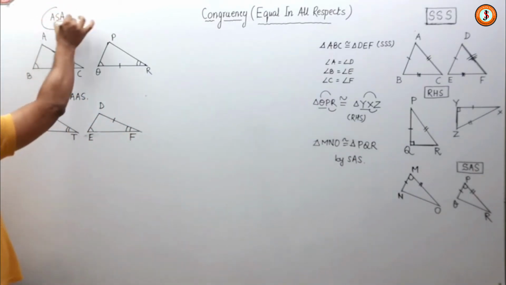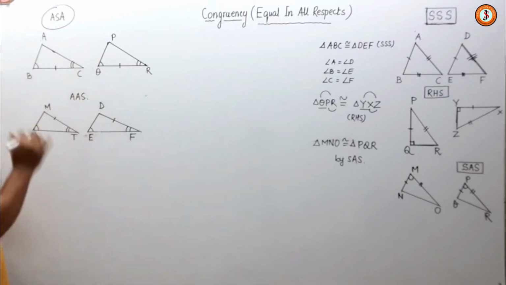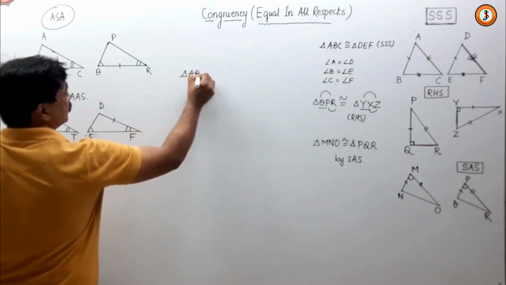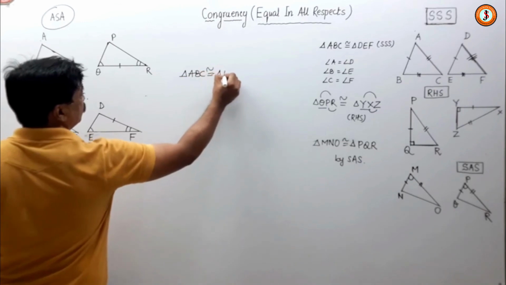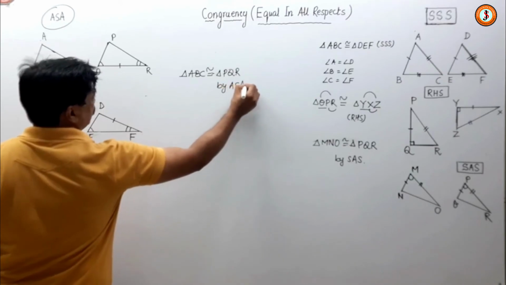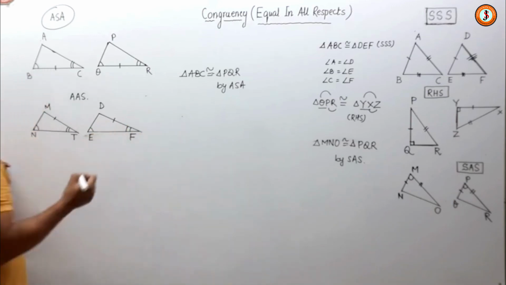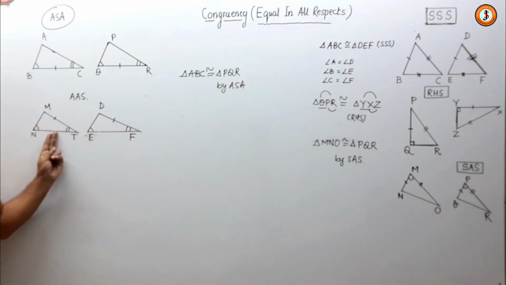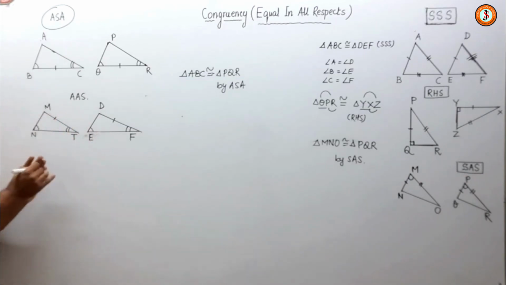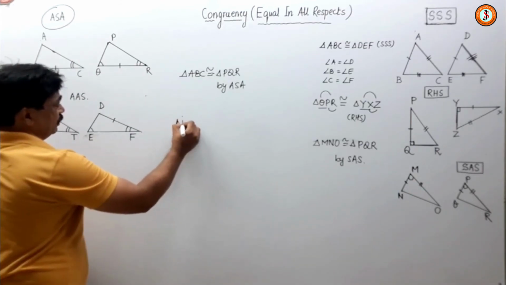Now here we come to ASA. ASA means if two angles and the included side are equal, then the triangles are congruent. That means triangle ABC is congruent to triangle PQR, and that is by ASA. Now the next one: if two angles are equal and a non-included side is equal, that means the sides are not the ones contained between the two angles, then the triangles are congruent by AAS.